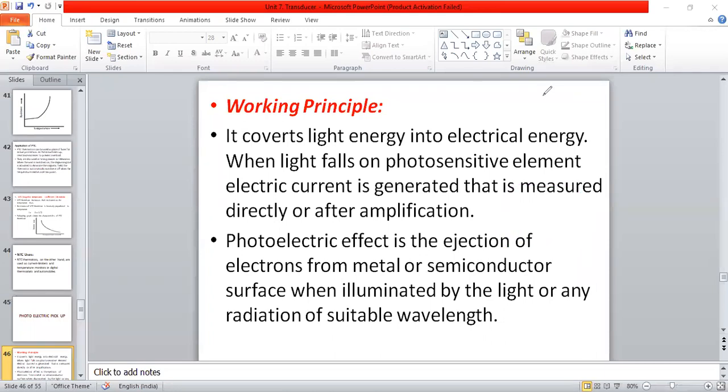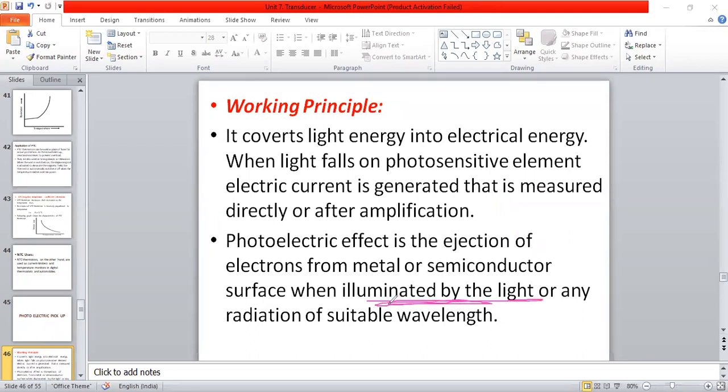So the photoelectric effect is the ejection of electrons from the metal. Ejection means we are going to eject electrons from the light, from metal or semiconductor surface when illuminated by light.